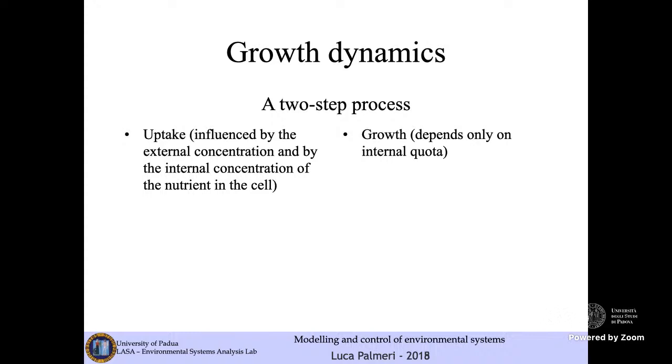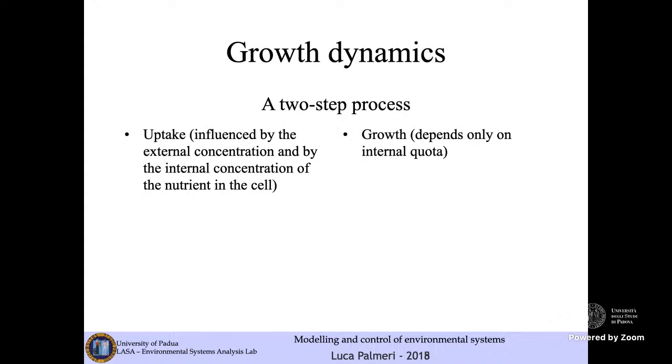We may subdivide the growth dynamic process into 2 phases, so a 2-step process. The first phase is the uptake process that is influenced by the concentration external to the cells and the internal concentration of nutrients in the cell. So the uptake part depends on how much nutrient is available, for example, in the water column, and how much nutrient you have in the internal part of a cell.